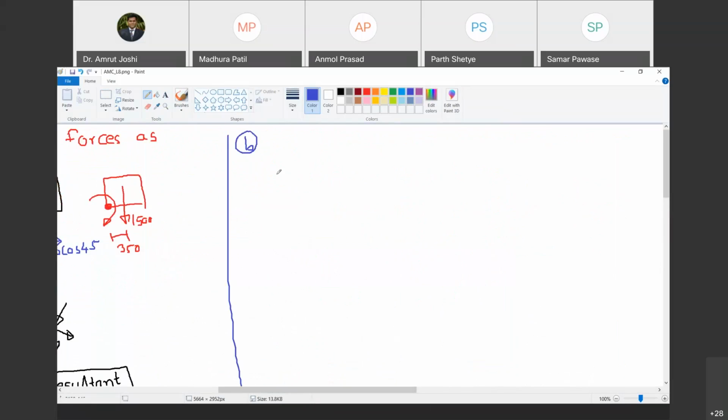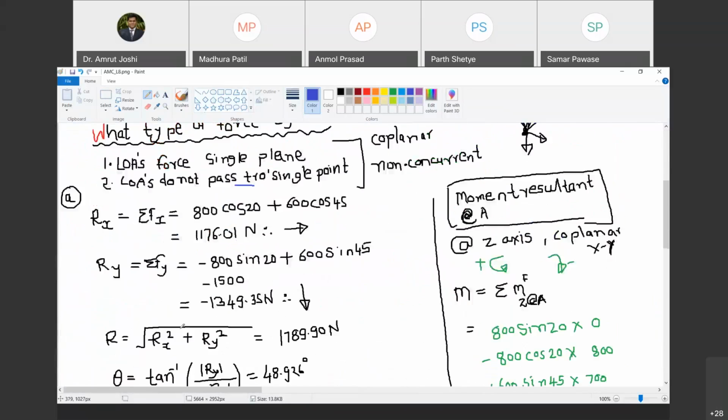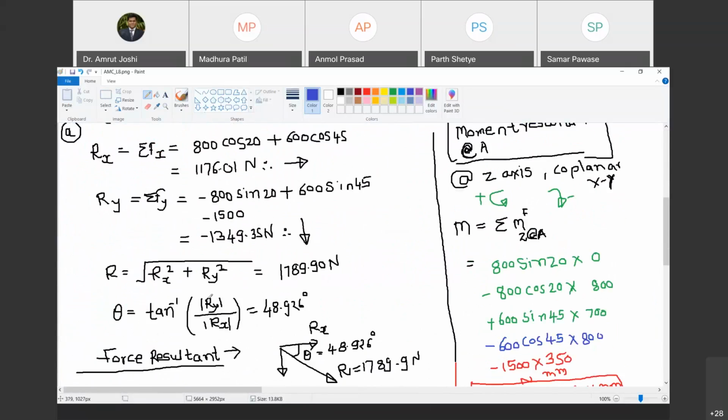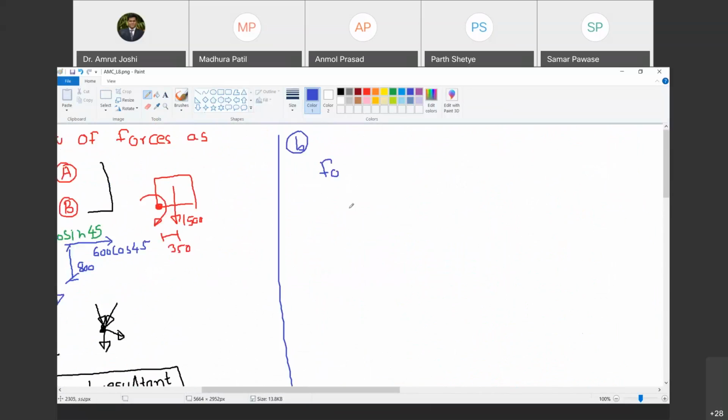So now tell me, is the force resultant going to change? No, because Rx is going to remain the same, Ry is going to remain the same. So the square root of Rx square plus Ry square is going to remain the same. So the force resultant doesn't change. Do you agree with me? Yes, sir.